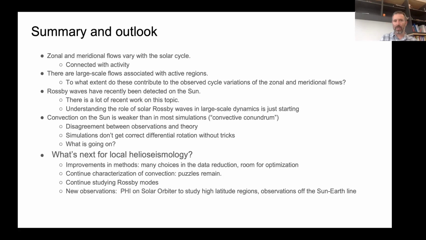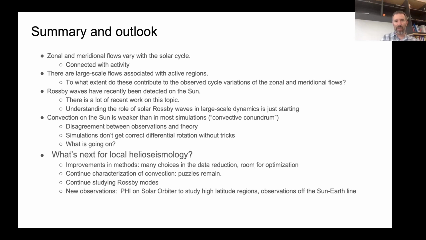We've seen that there are flows associated with active regions, and it's an interesting question, and it's being discussed: to what extent do these flows associated with active regions explain the cycle variations of the zonal and meridional flows? I think that's a nice question. Rossby waves have been seen on the sun. There's been a lot of recent work on that topic, but we're just getting started.